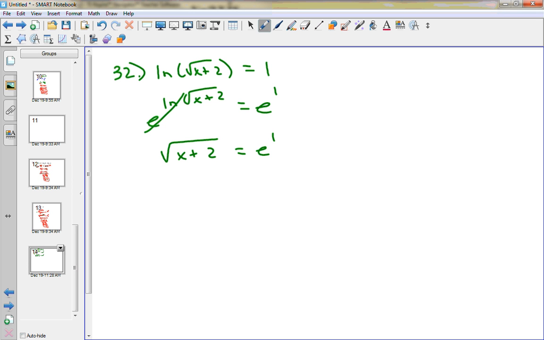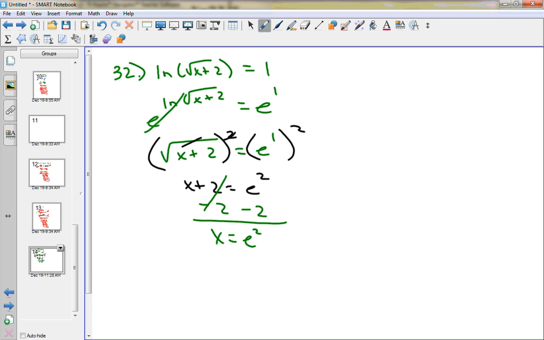Now, how do I get rid of the square root? It is a power of 1/2, so how do I get rid of a power of 1/2? Square it. So I'm going to square both sides. So that's going to have x plus 2 is equal to e squared. Now what? Subtract 2.